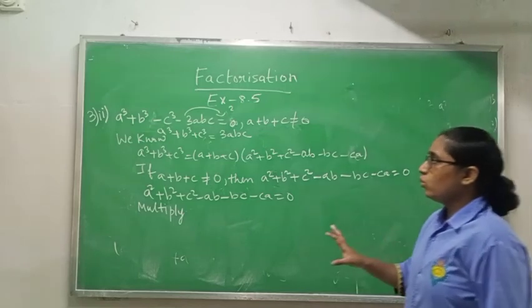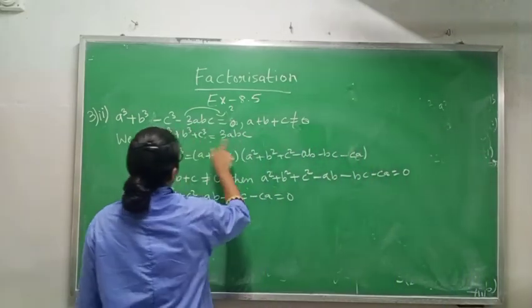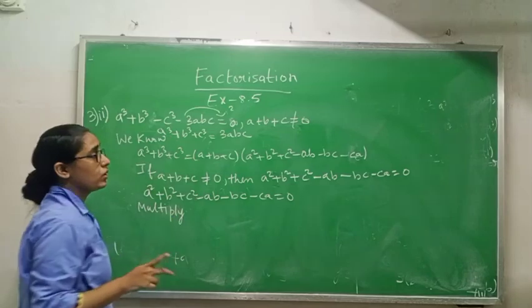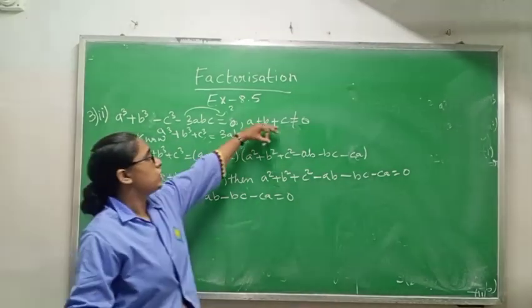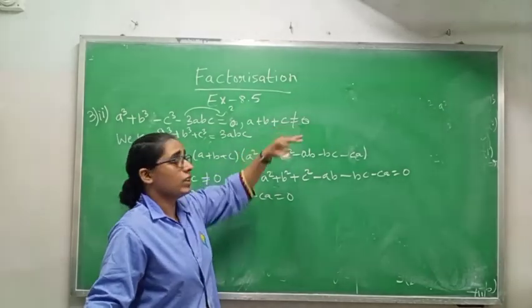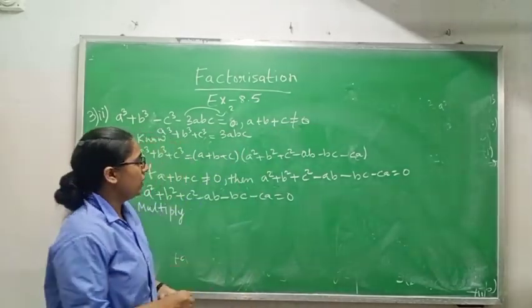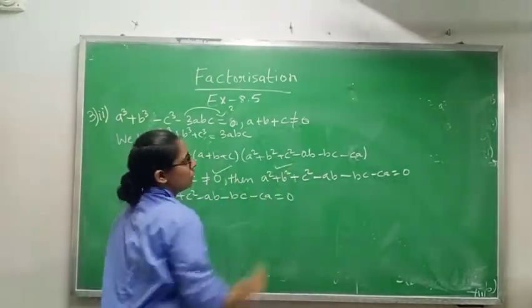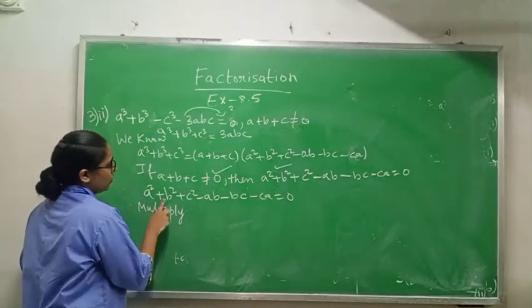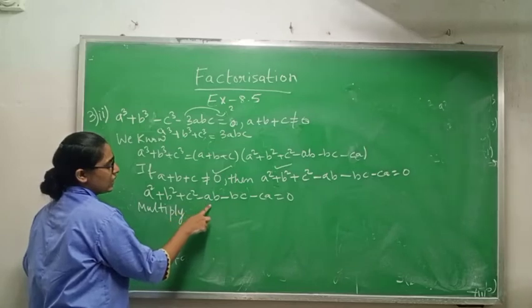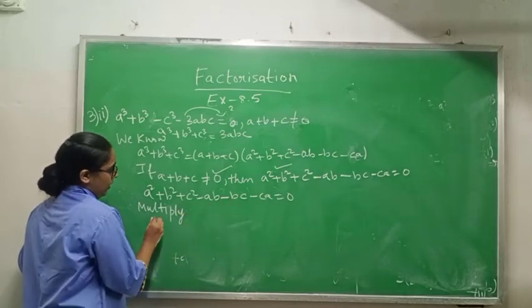Because we know that a³ + b³ + c³ = 3abc is possible only when a + b + c = 0. But it is given it is not 0. So if it is not 0, it means this one is 0. Any one of these will be 0. Now I am writing this term a² + b² + c² − ab − bc − ca.